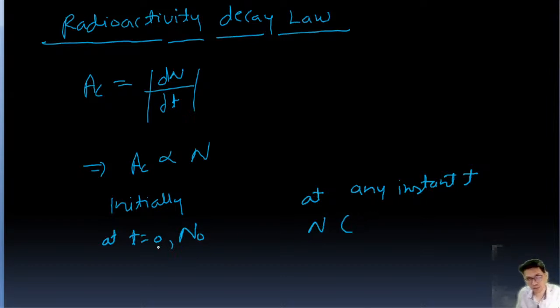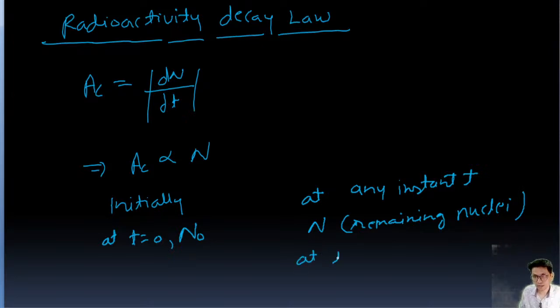And at any instant t, N is the remaining nuclei after decay. So initially the number of nuclei are N0, and after time t the remaining nuclei are N.